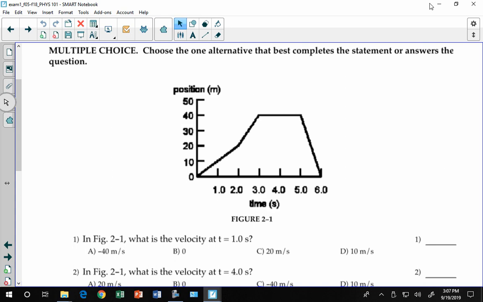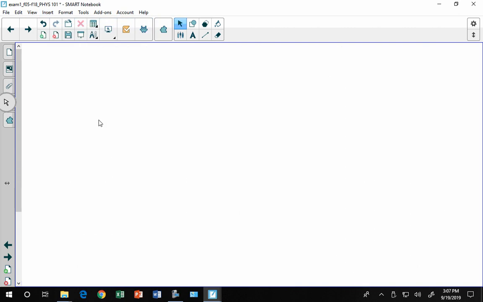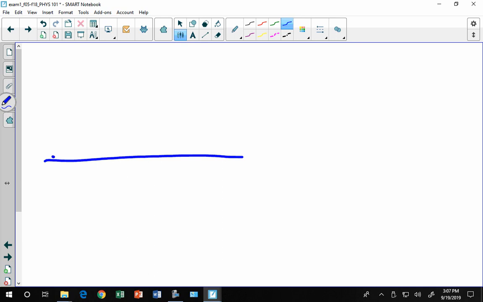Okay, so if we're on the X-range ones, there's some where we use T total and some where you just use the T at the top. So how do you know which one you use? On the X range, you almost always use the T total for finding the X range, because remember you have motion that's like this, where it starts off at this point and it travels through this path.